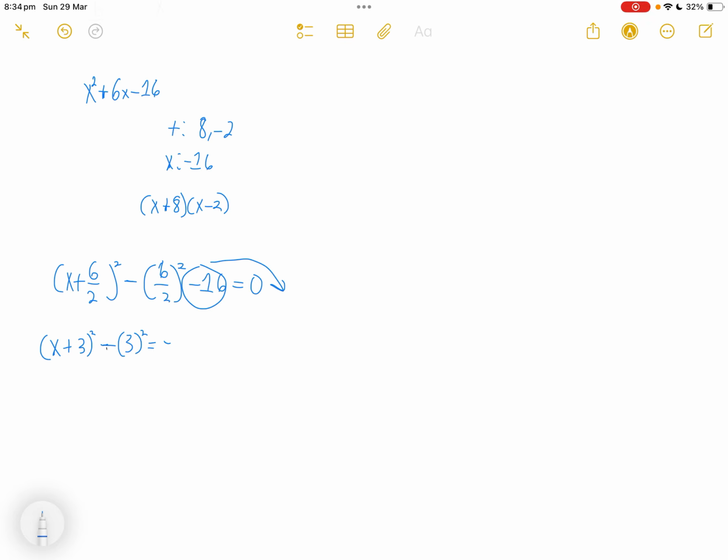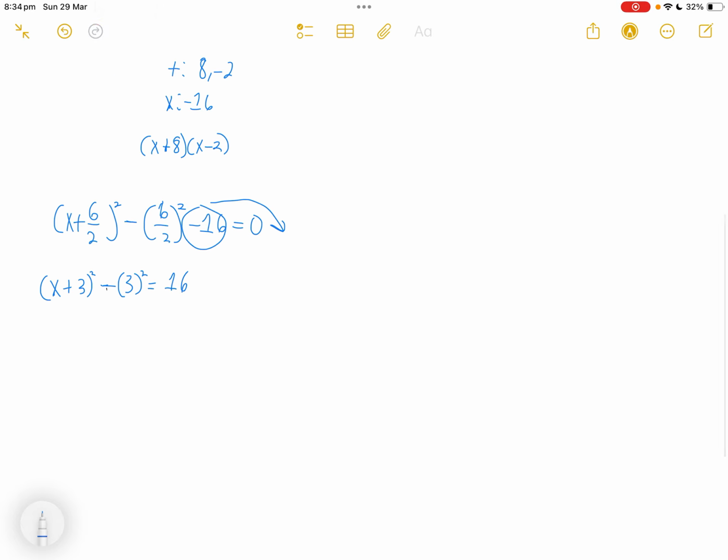Clean it up. 16 will be right over here. And we're gonna move this over there. Okay, so 16 plus 9, that's 25.